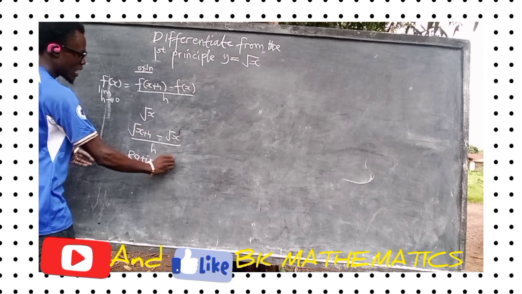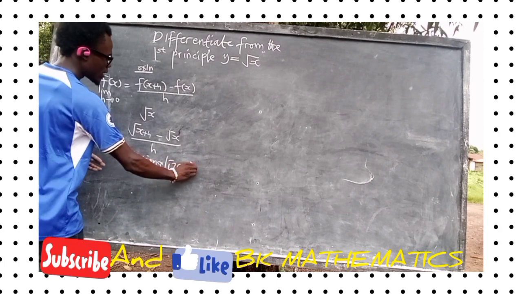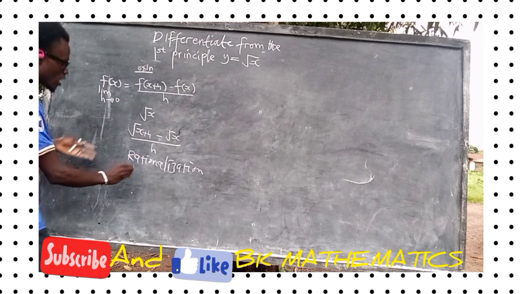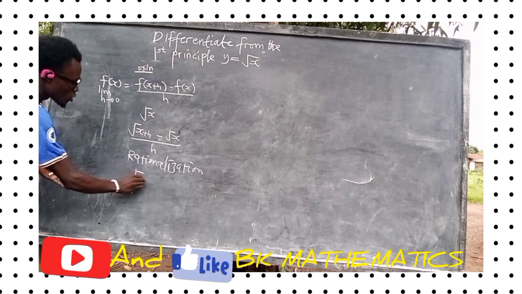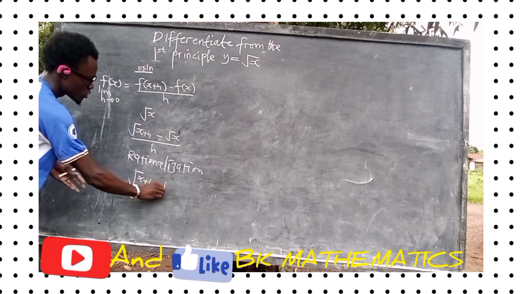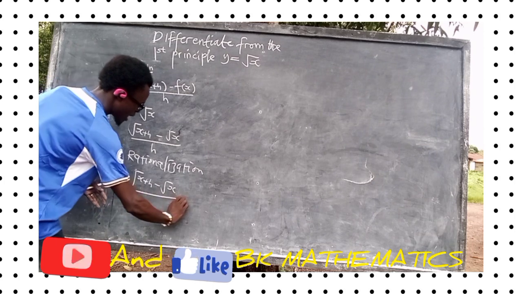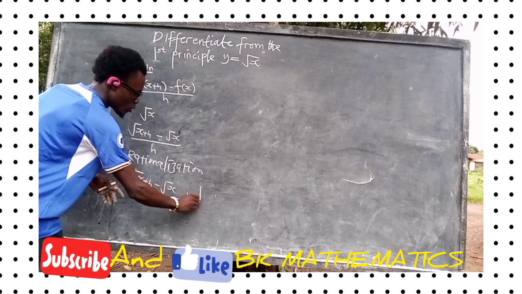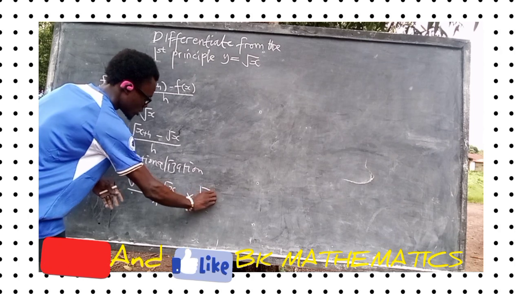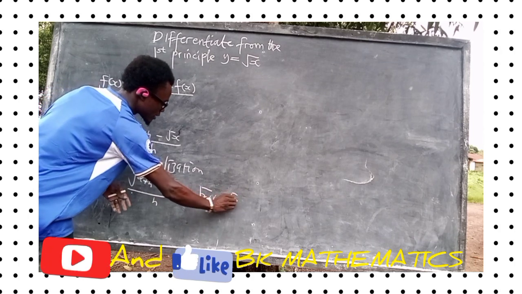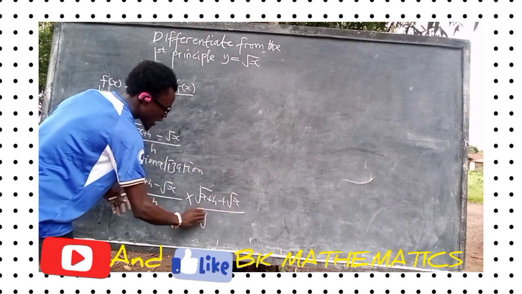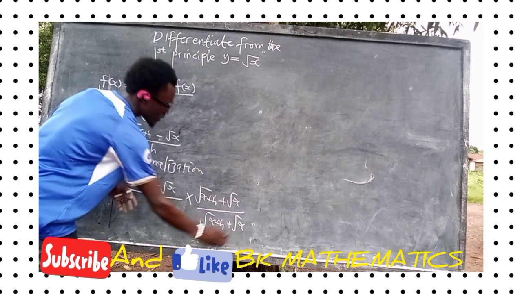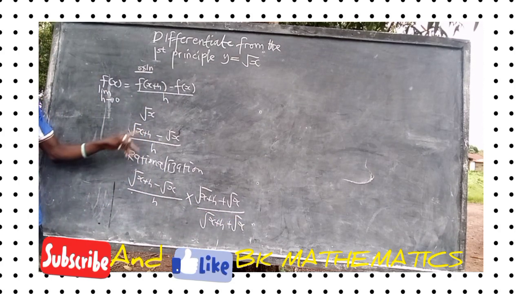Rationalizing the numerator: root x plus h minus root x, divided by h, multiplying by root x plus h plus root x, divided by root x plus h plus root x. Now we have rationalized the numerator.